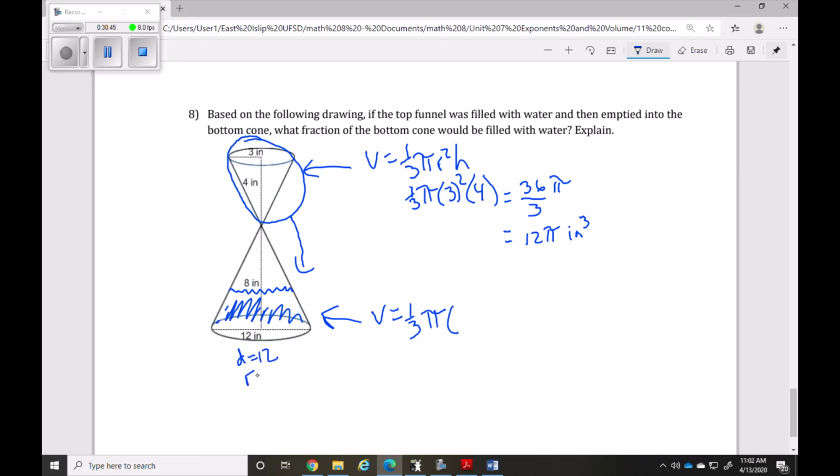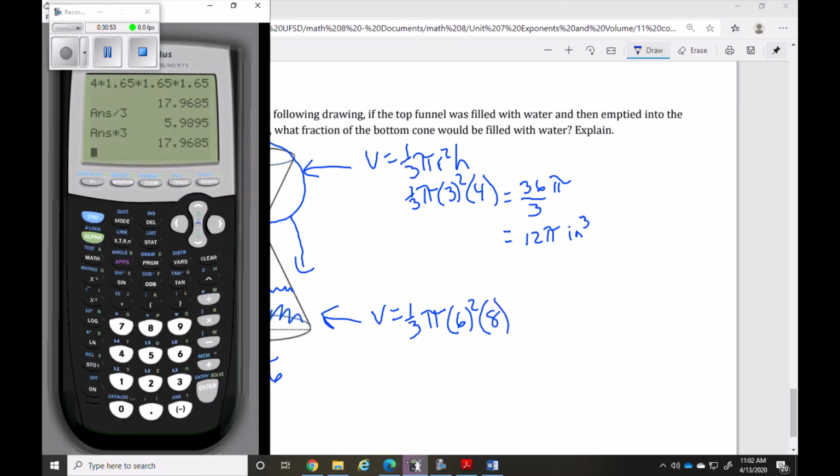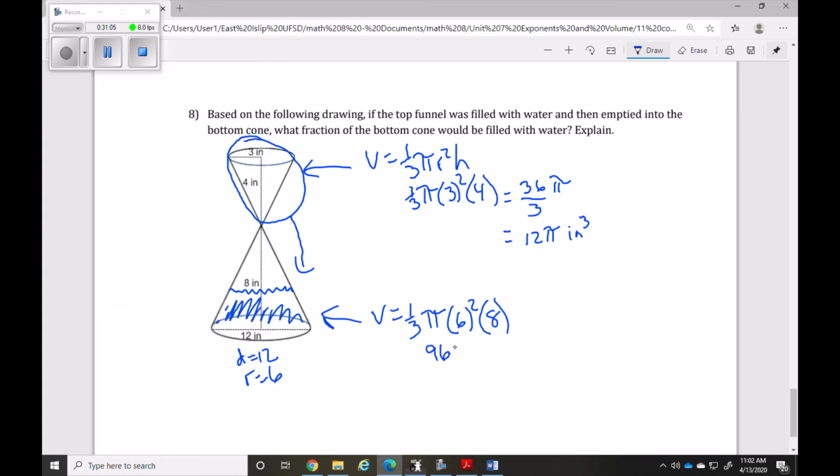If the diameter is 12, the radius is 6. So 6 times 6 times 8 divided by 3, 96 pi. So the bottom cone can hold 96 pi. The top cone can hold 12 pi.